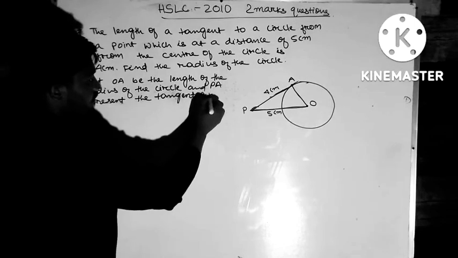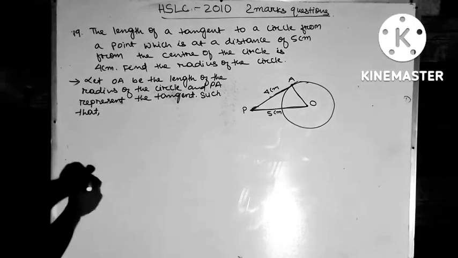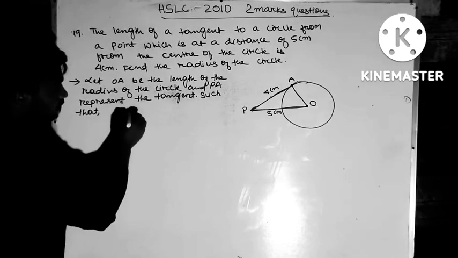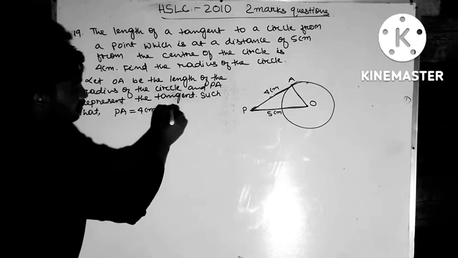Let's describe what is given. PA is equal to 4 centimeters, correct? PO is equal to 5 centimeters.